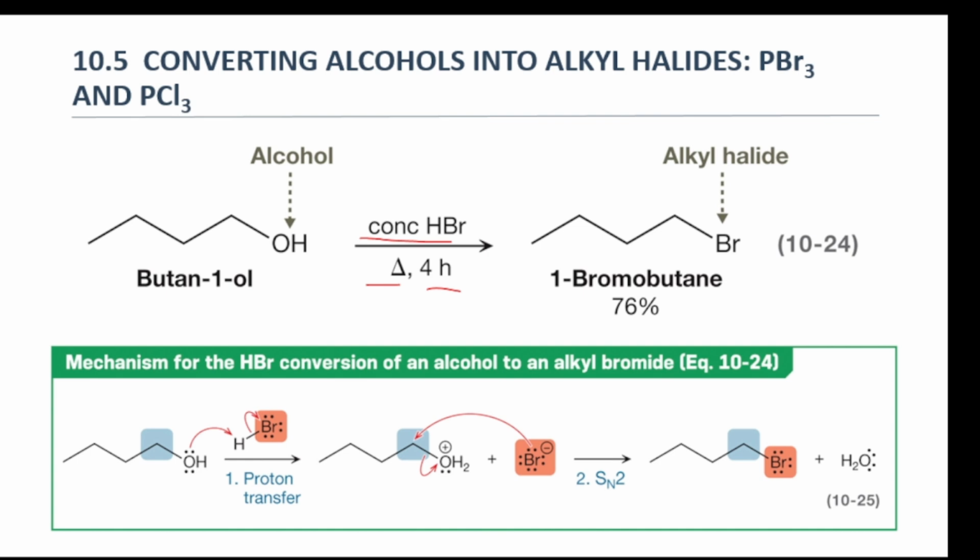So we're going to have a proton transfer step first. Everybody see that okay? And then we're going to lose the H2O plus leaving group as the Br minus attacks. Okay. One of the reasons we need concentrated HBr, by the way, is because we need quite a bit of this Br minus, don't we?